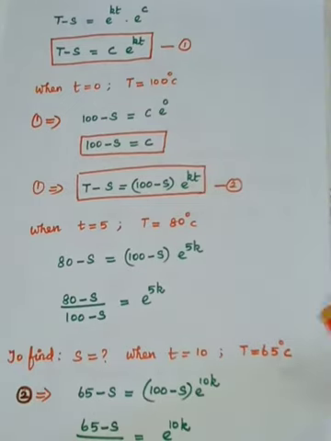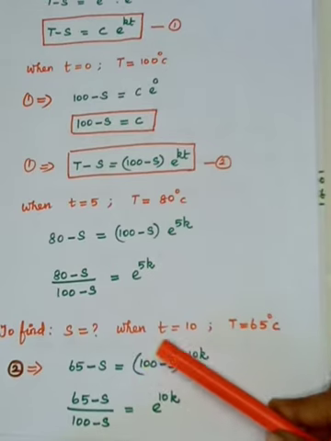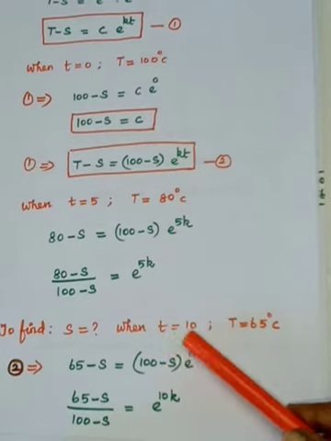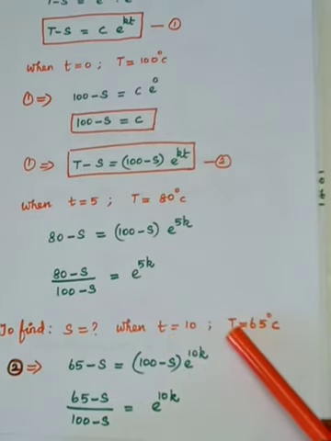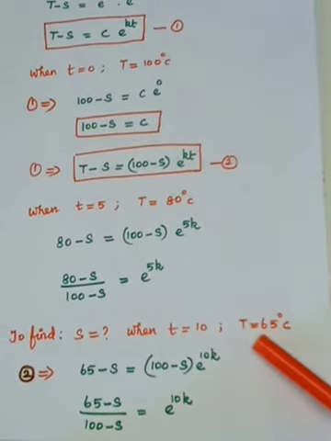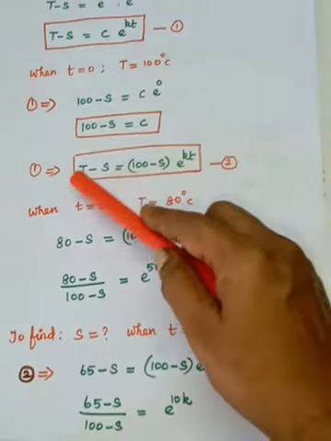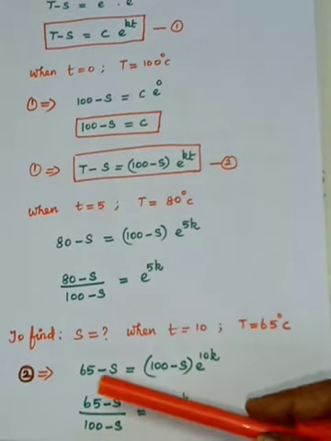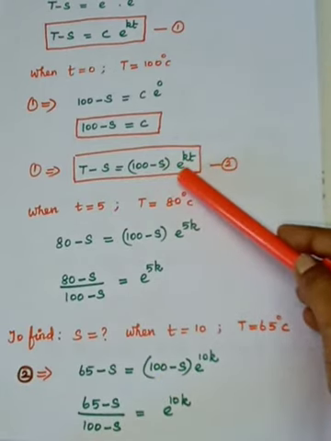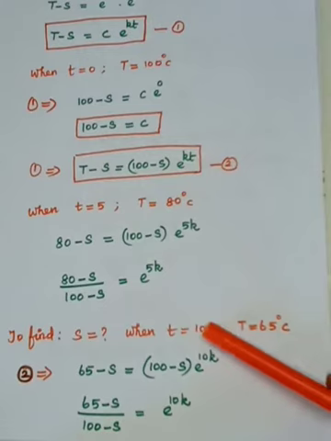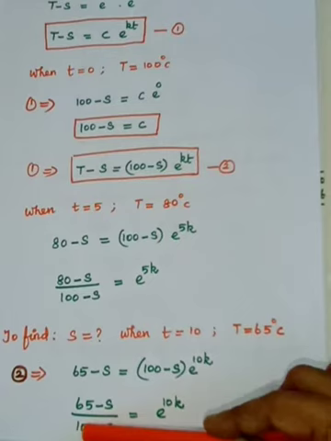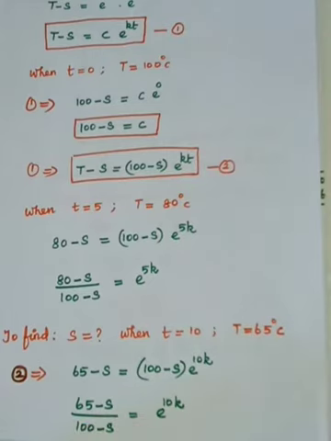So I am going to take, when t is equal to 10 minutes in total, your capital T, the water temperature, is 65 degrees Celsius. So these two results have to be substituted in the second equation. So in the place of capital T, what you have to write? 65 minus S is equal to 100 minus S into e power 10k. So e power 10k is what? This 100 minus S has to be brought to the denominator.